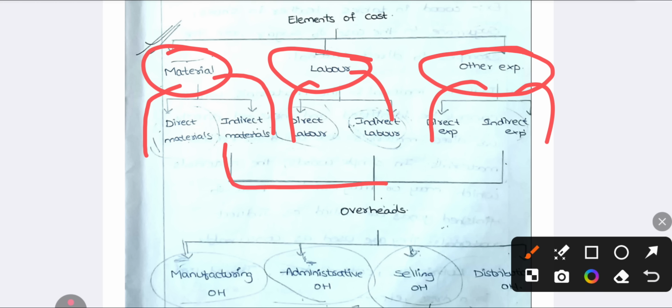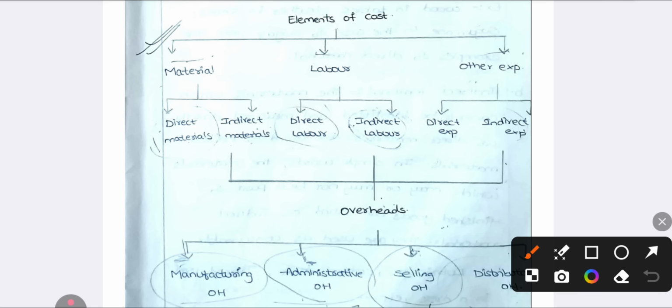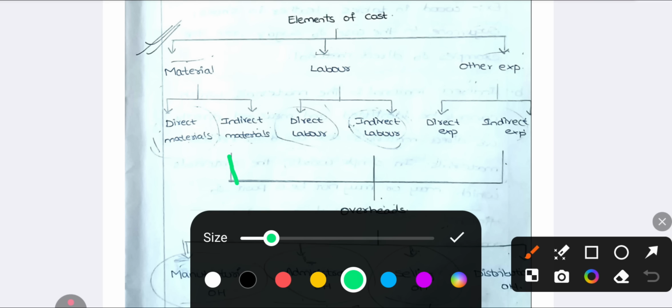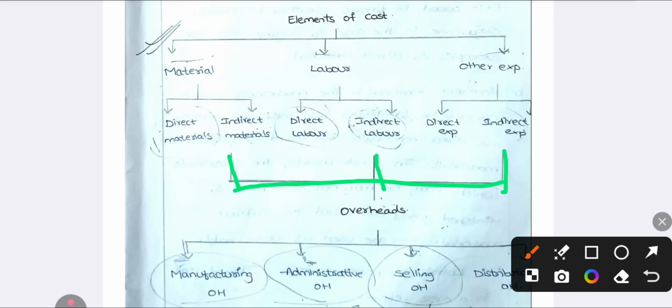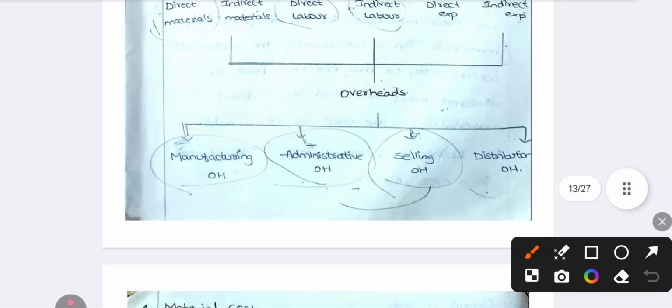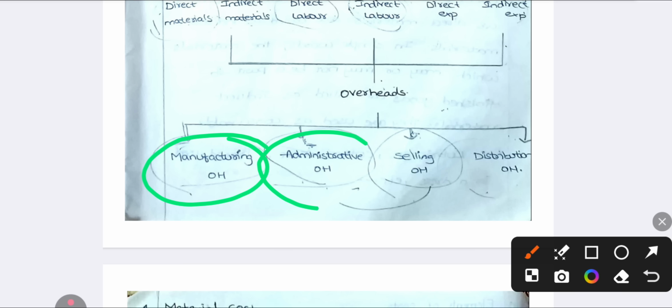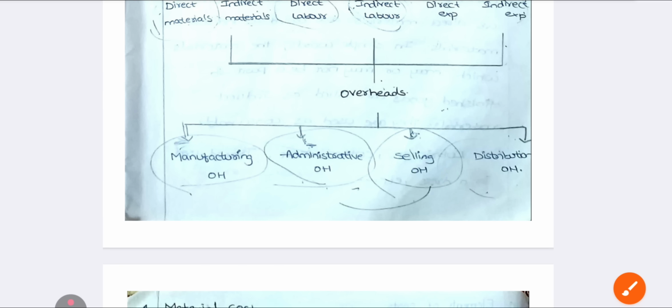When you add indirect materials, indirect labor and indirect expenses, that is called overheads. In the 3rd chapter we have already learned about overheads. In overheads you have manufacturing overheads, administrative overheads, and selling and distribution overheads. You need to understand about that.